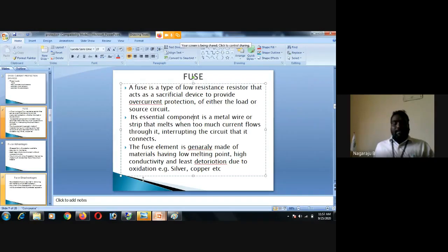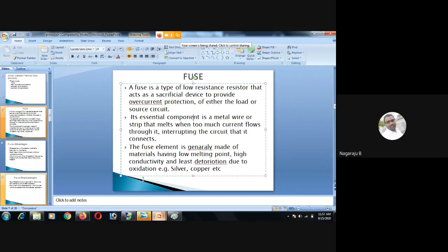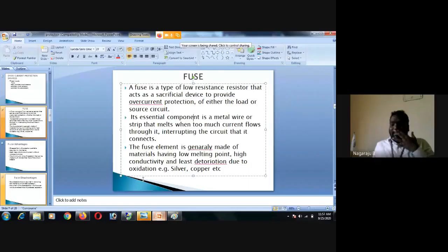And the third one, it may be used for the sub-transmission as well as the transmission system. And the fourth one is that it is designed and built usually for substation mounting. To build a substation, you can have this particular type of fuse.